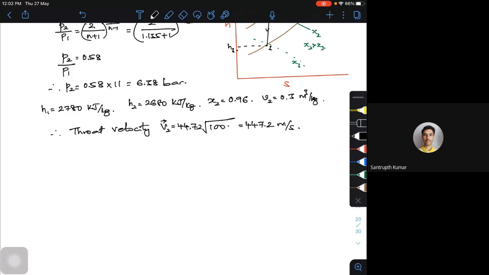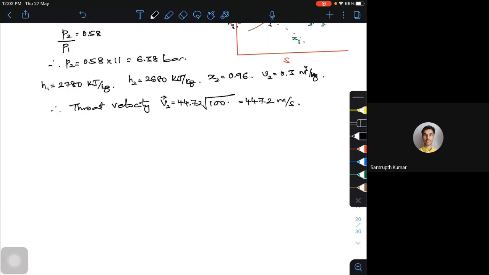Okay, small v2. So your mass flow rate m dot is equal to A2 into V2 divided by small v2.